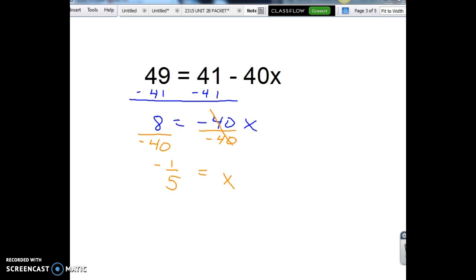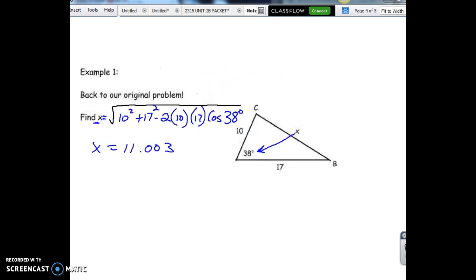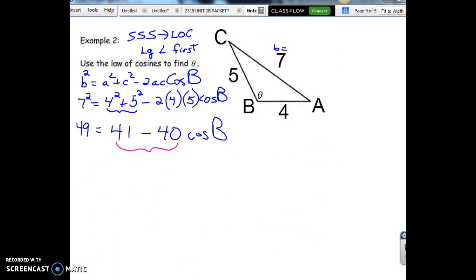Right there it is: 49 equals 41 minus 40x. These two are unlike terms, so do not subtract these two. They are unlike terms. And for these problems, you have to do all the algebraic work.